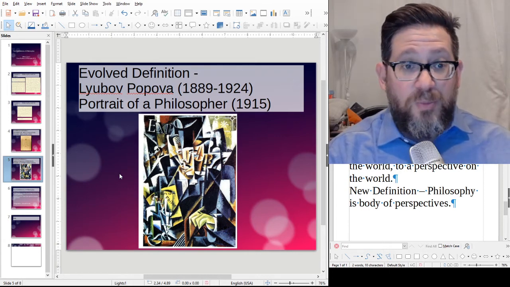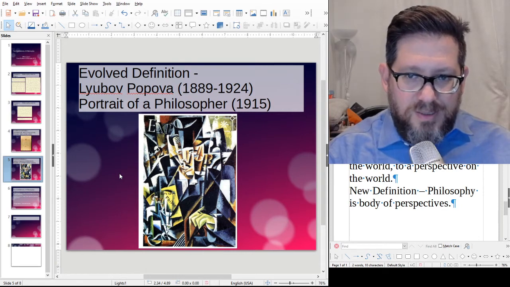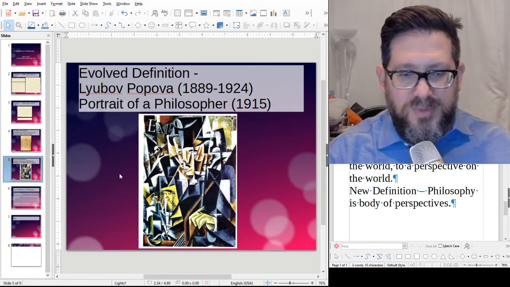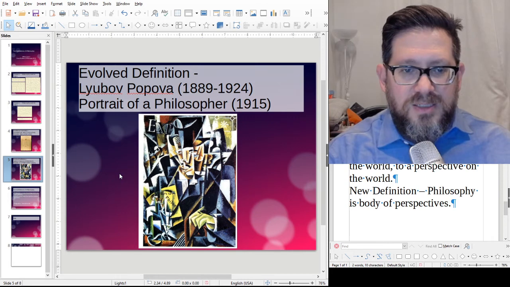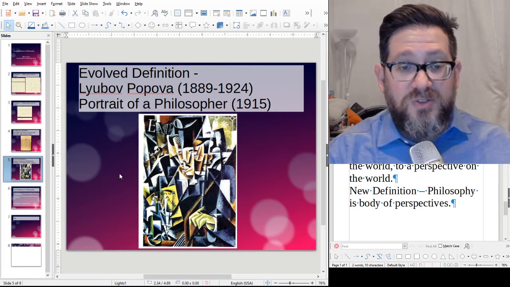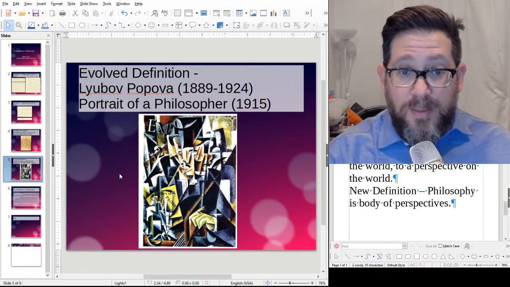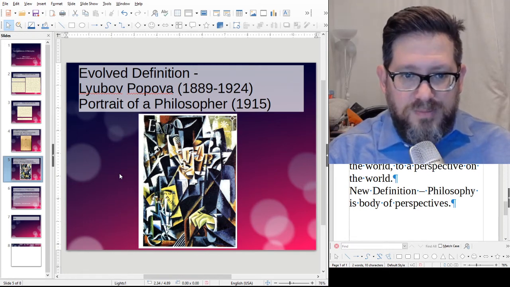This painting is called A Portrait of a Philosopher. It's painted in 1915, four years after this book comes out. It turns out her youngest brother, Pavel, was actually a philosopher. So she draws her brother in this very contemporary style at the time, Cubism.